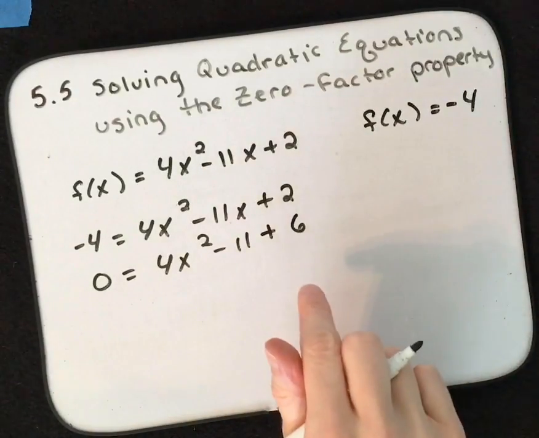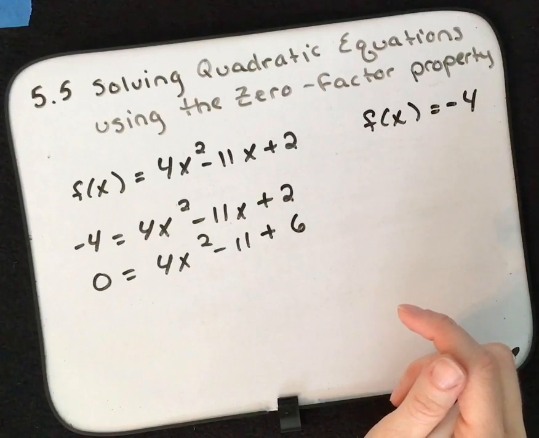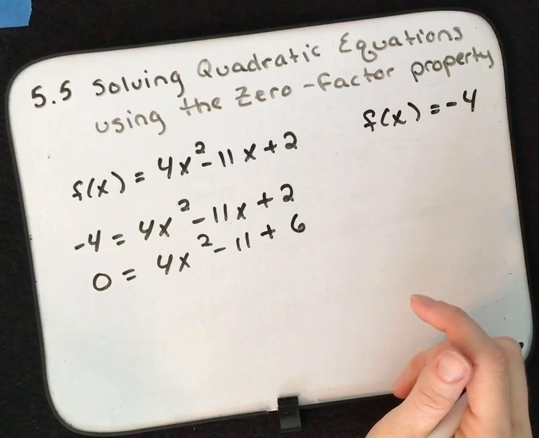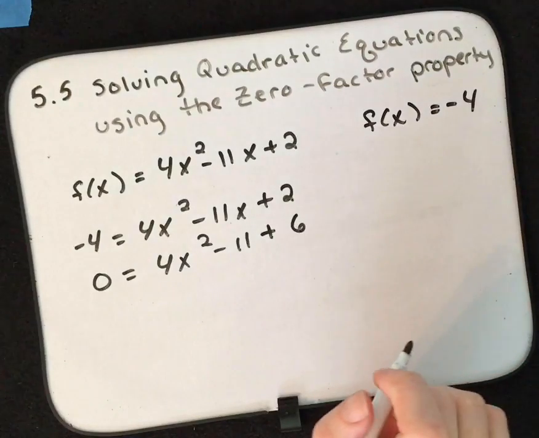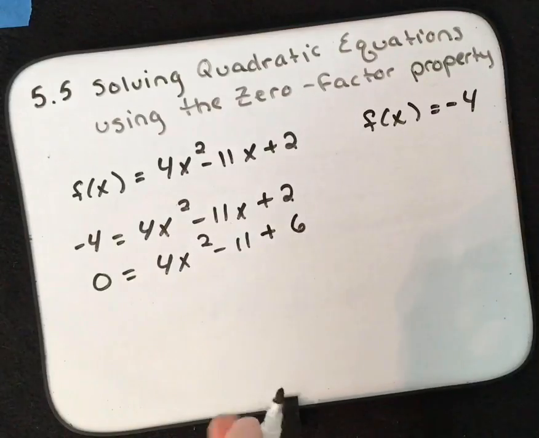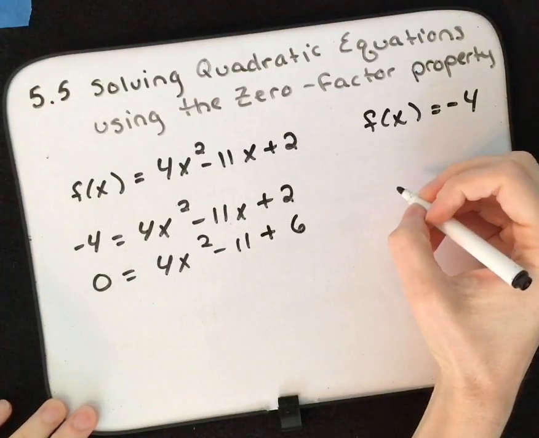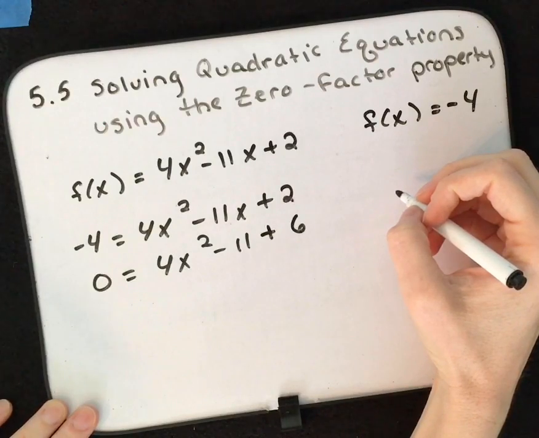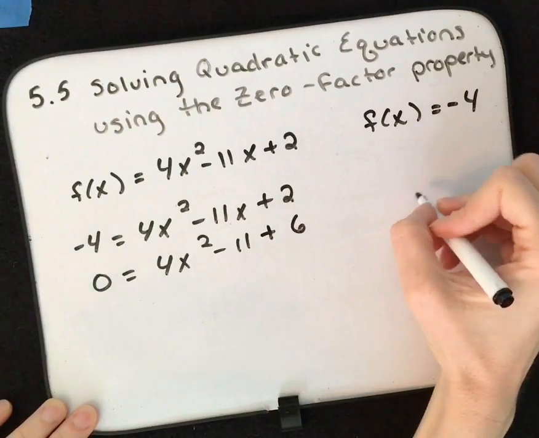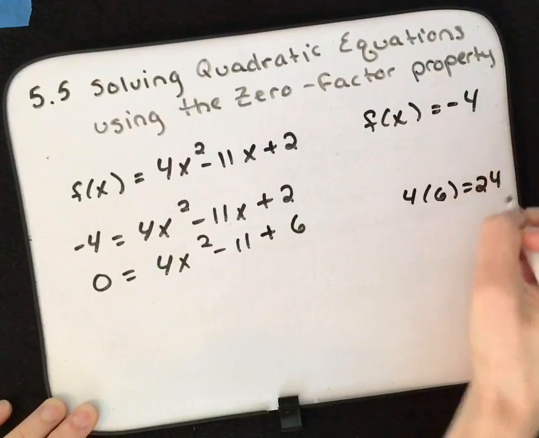I can't factor anything out, so we're going to need to use our AC method to try to factor. Once you use your AC method, we can set each factor equal to 0 and solve it down. Our AC method says 4 times 6, 24.